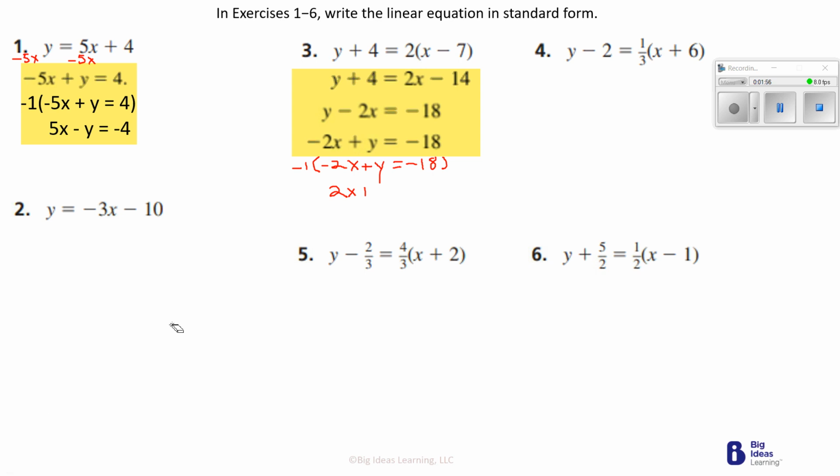Change that, because a negative times a positive is definitely negative. And that's going to equal positive 18, because a negative times a negative is a positive. All right, let's go to number 5.